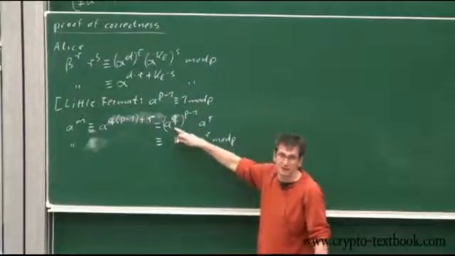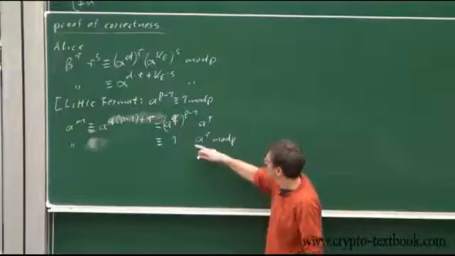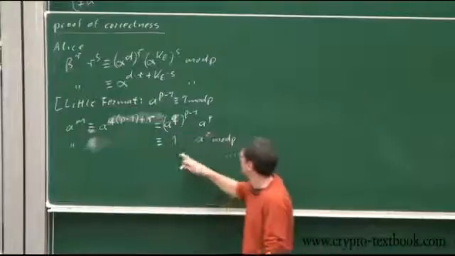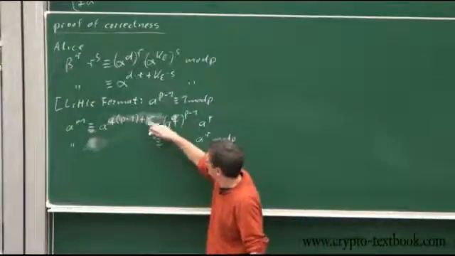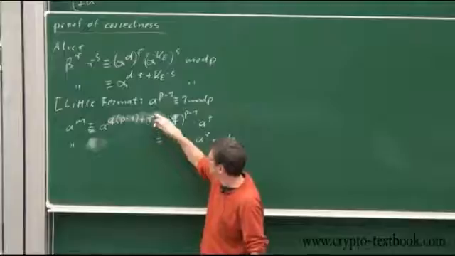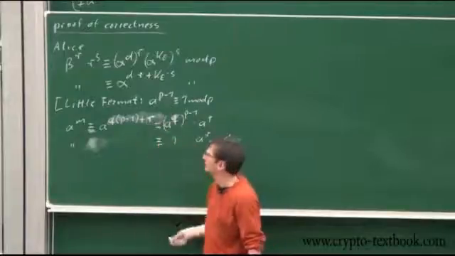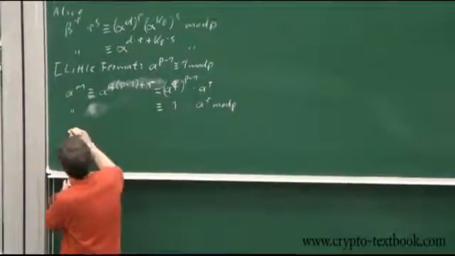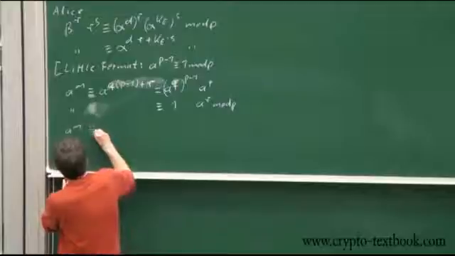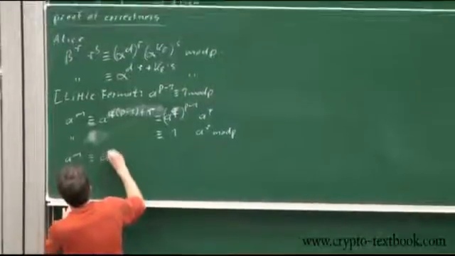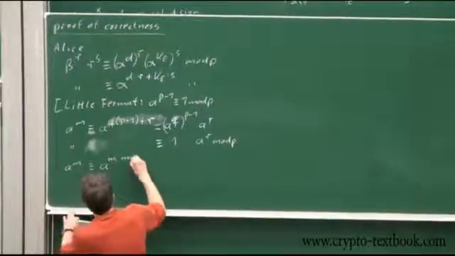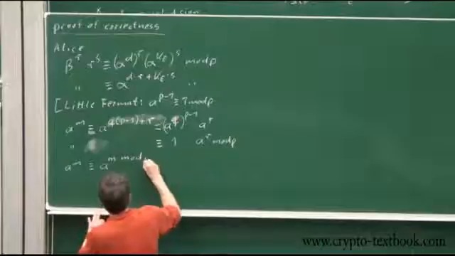So I'm getting rid of this. What we have left is a to the m identical to a to the r, and a to the r is only the remainder of this expression. So from this it follows that a to the m is identical to a to the m mod p minus 1.